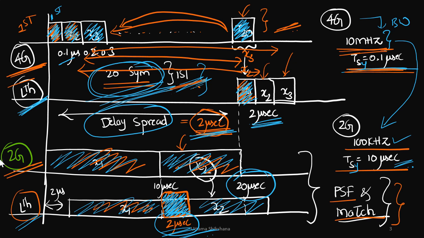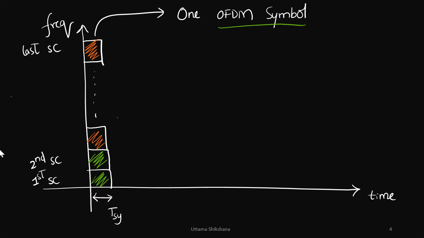With this subband concept, in one of the videos, I think part 6, we saw the concept of the OFDM grid, or one OFDM symbol. One OFDM symbol represents the stacking of subcarriers along the frequency domain, right? T symbol is the symbol duration, which corresponds to 1 by delta F, the subcarrier bandwidth.